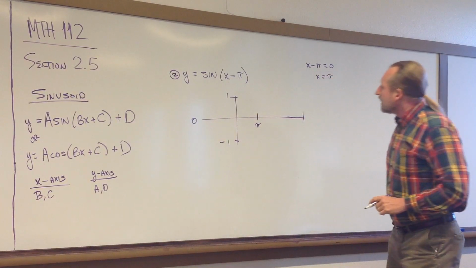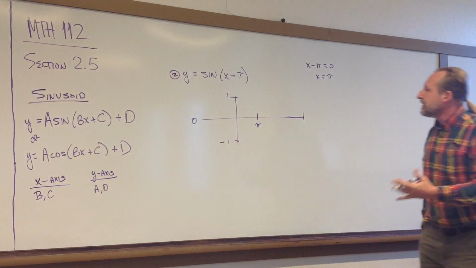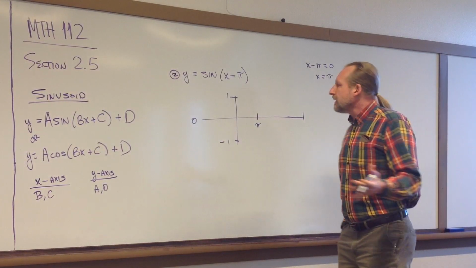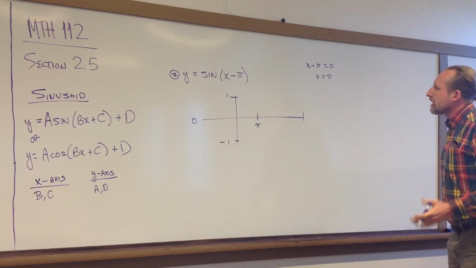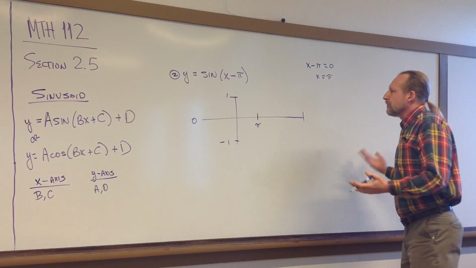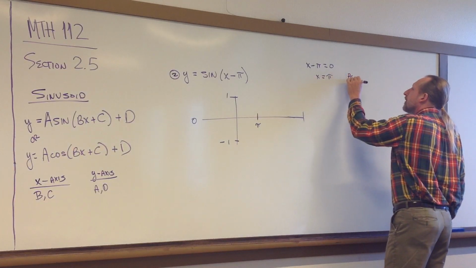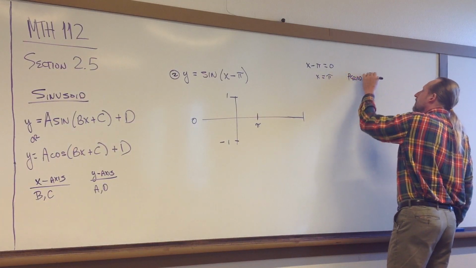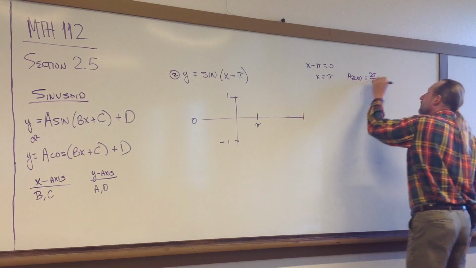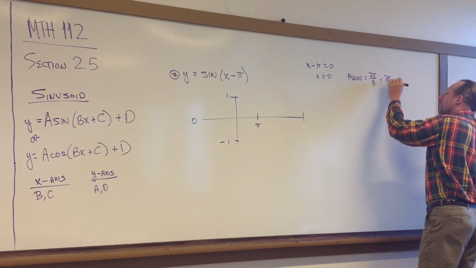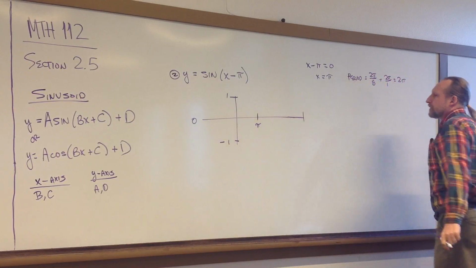Now, our period is going to be 2 pi. The period equals 2 pi over b, which in this case is 1. So our period is just 2 pi.